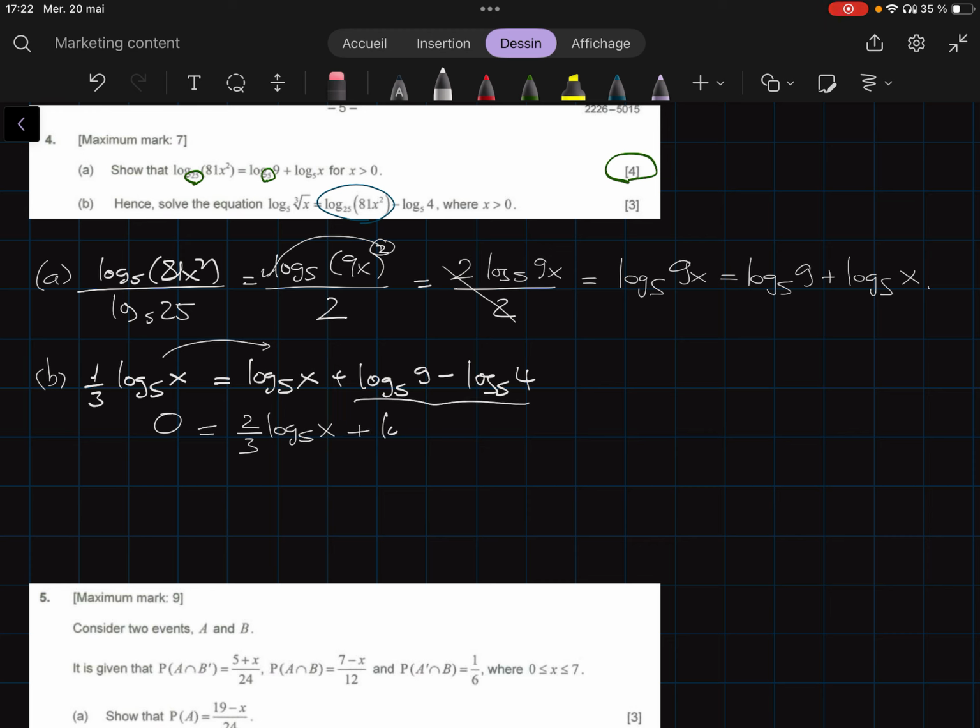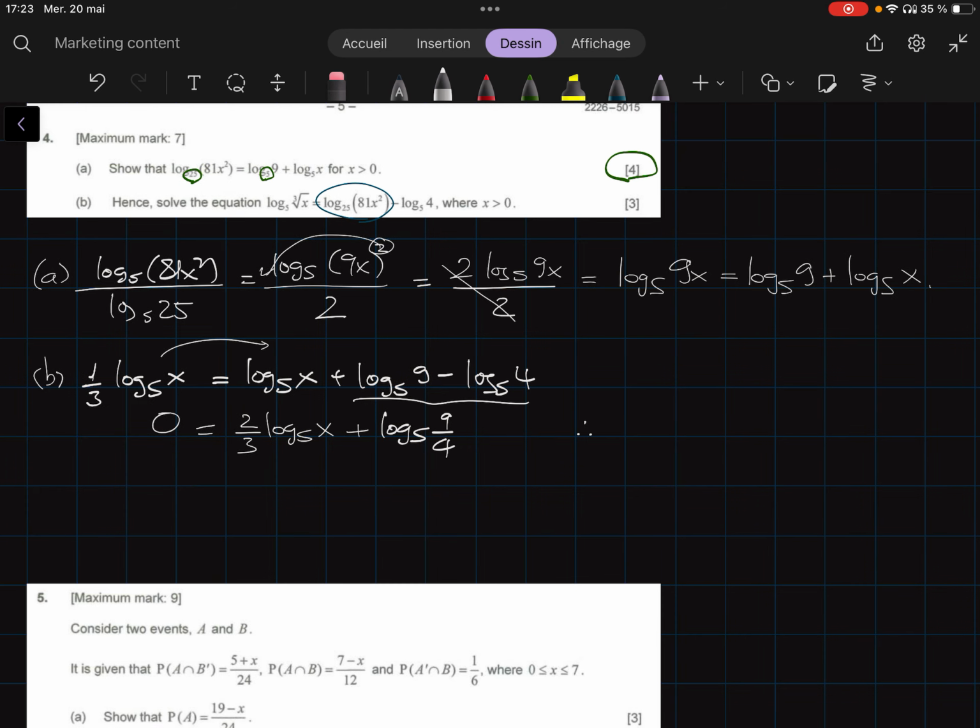This term now becomes log base 5 of 9 divided by 4. Let me see what to do next. Okay, I can rewrite this term as log base 5 of x to the power of 2/3. Move this guy back to the left.